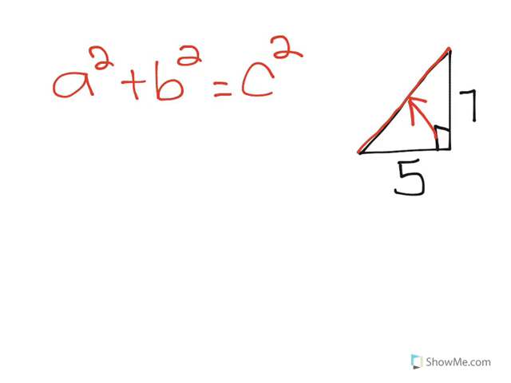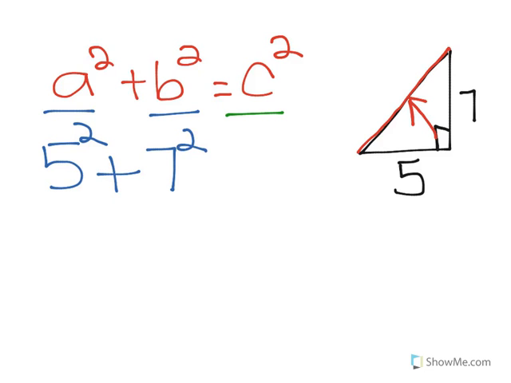What that means is it just is taking the two shortest legs and squaring them and adding them, and it should give us the longest side squared. So let's input our values where they belong. The two shortest sides are 5 and 7. We're going to square them and add them. That's going to result in the longest side squared.